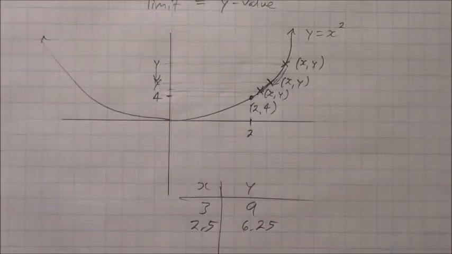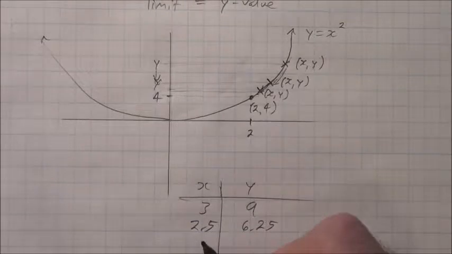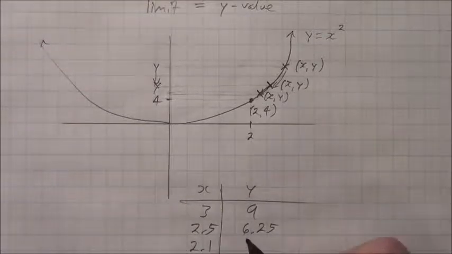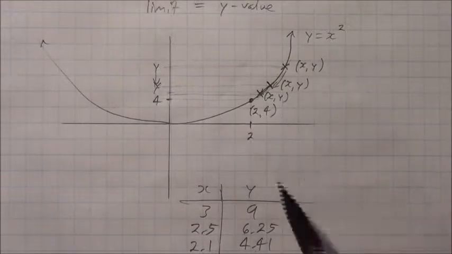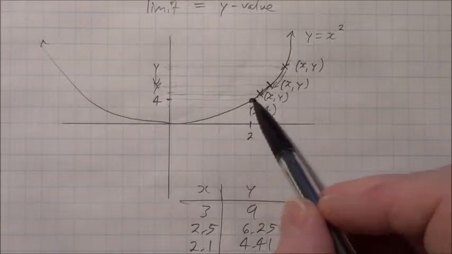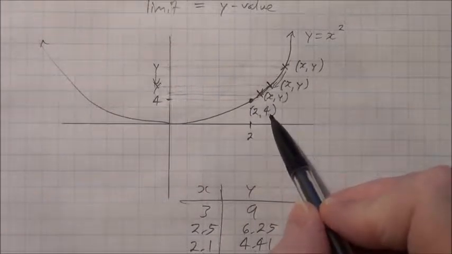And then we move even closer. Suppose we go to 2.1, and then this value would of course be 4.41. So notice the y value of the target point, the point of interest that we're looking at, is 4.